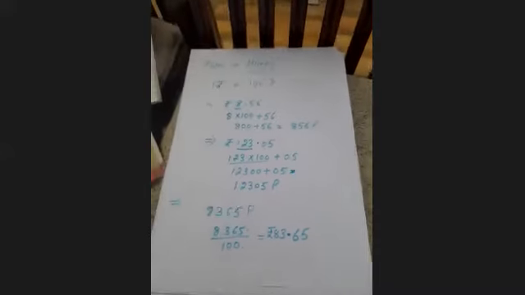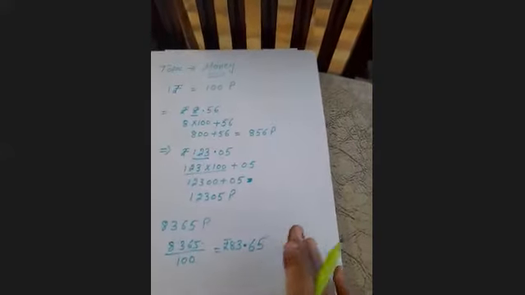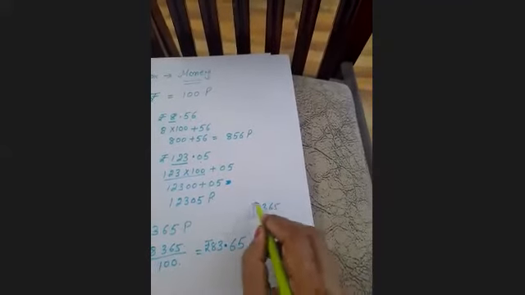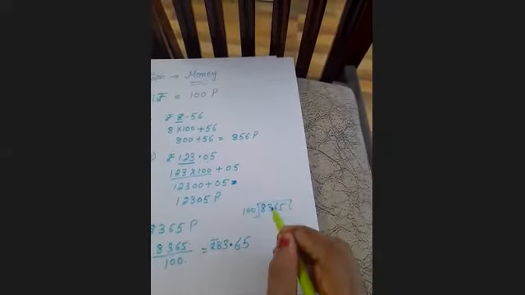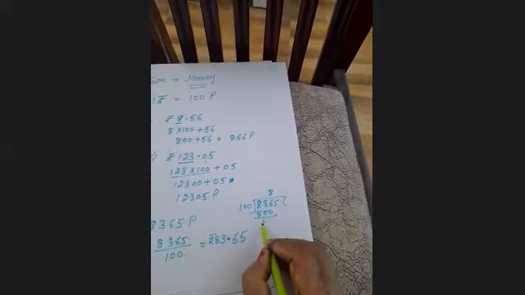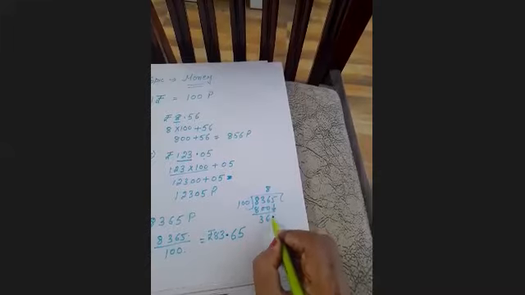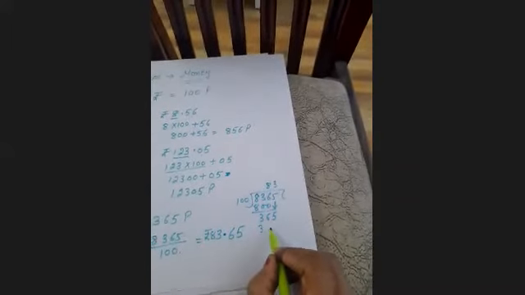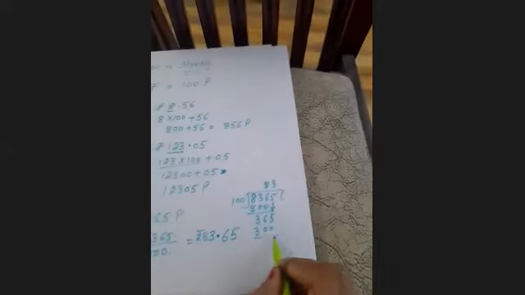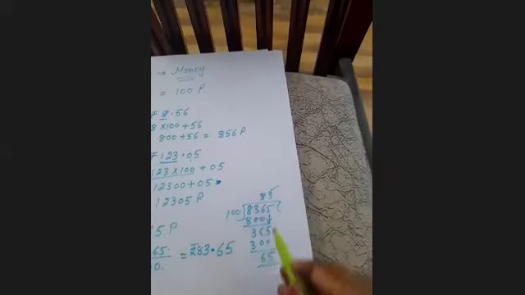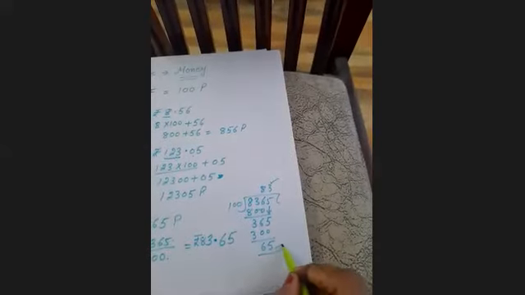Yes, friends. The second method for converting paise into rupees: we divide 8,365 by 100. First, we'll divide by 100 to get 83. Then 3, 6. Next digit is 5. Now 300. Remainder is 65. So the quotient we get is rupees and the remainder is in the form of paise.